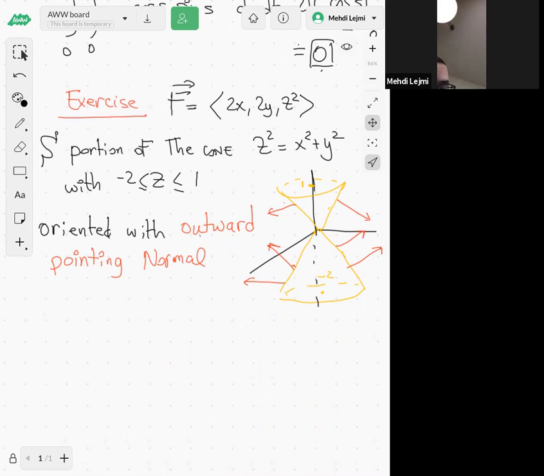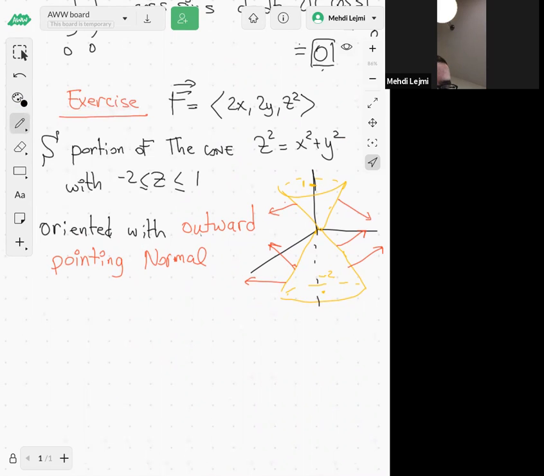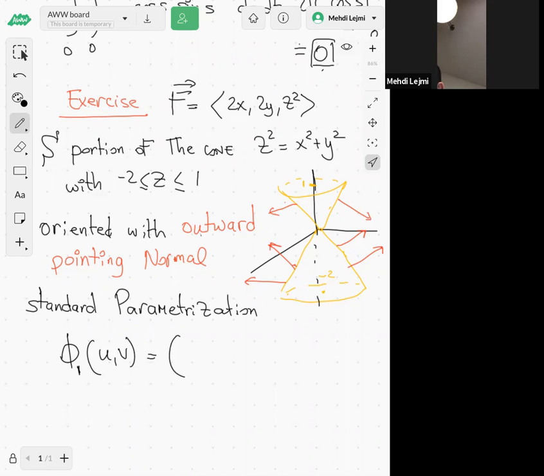The standard parameterization of the cone would be phi1 of u, v: u cosine of v, u sine of v, and then u.